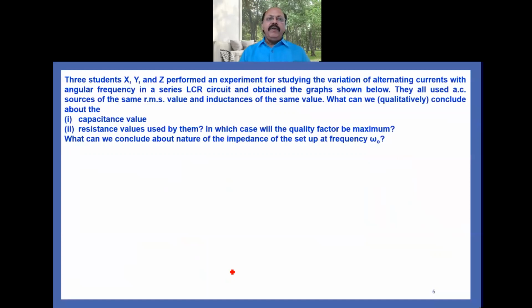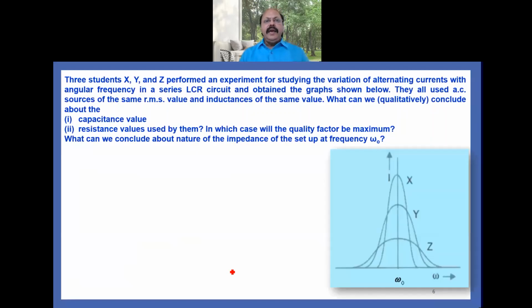Now we perform one concept based problem. Three students X, Y and Z performed an experiment for studying the variation of alternating current with angular frequency in a series LCR circuit and obtained the graph shown below.